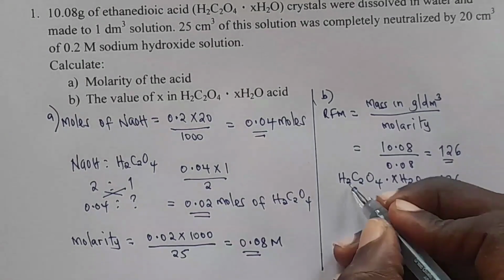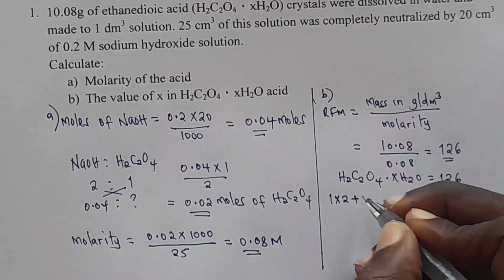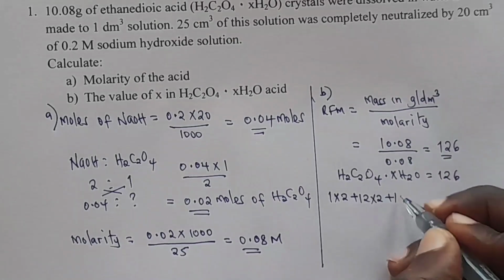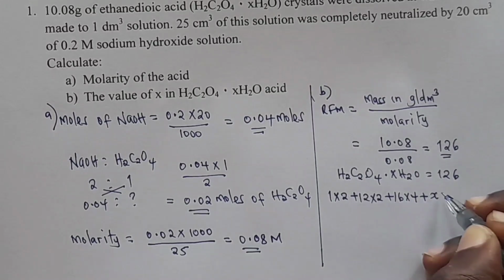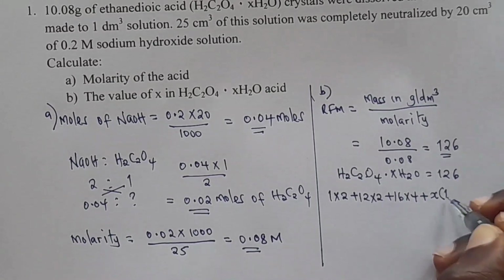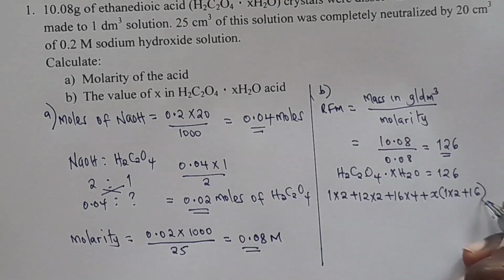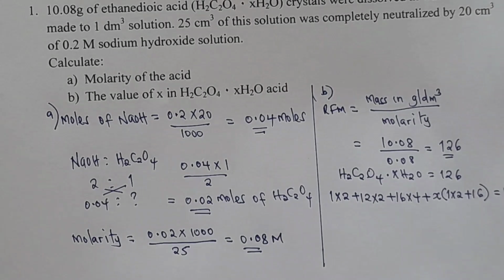Next, the RAM of hydrogen is 1 times 2, plus the RAM of carbon is 12 times 2, plus the RAM of oxygen is 16 times 4, plus x open bracket, the RAM of hydrogen is 1 times 2 plus the RAM of oxygen is 16, close bracket. All this will be equal to 126.